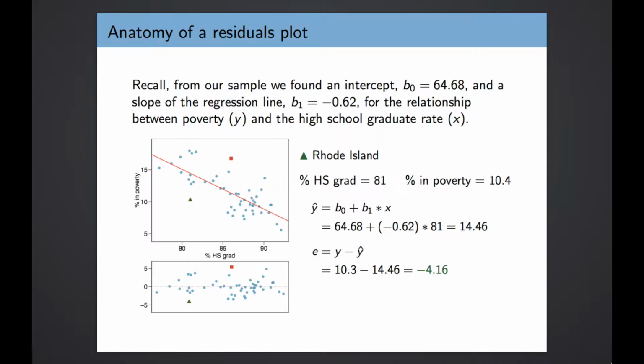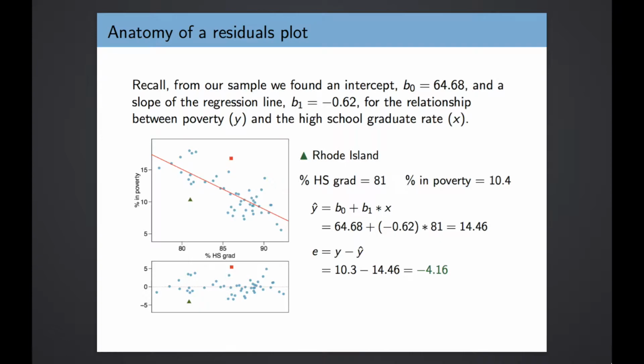So we were comparing the predicted values and the observed values for the poverty rate in Rhode Island and in Washington, D.C. a little bit earlier in this lecture. So let's just reiterate really quickly how we got to those predicted values. For Rhode Island, we take this linear regression formula that y hat is equal to the intercept plus the slope coefficient times our value of the independent variable.